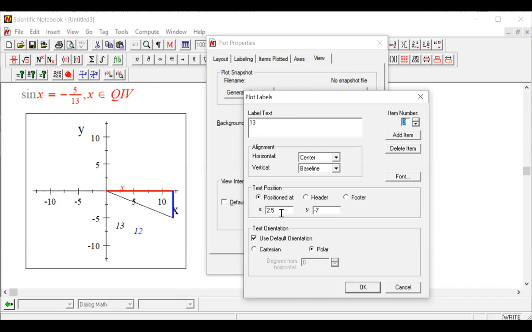Okay, so it's going to be 7, 2. There we go. Give it a try.